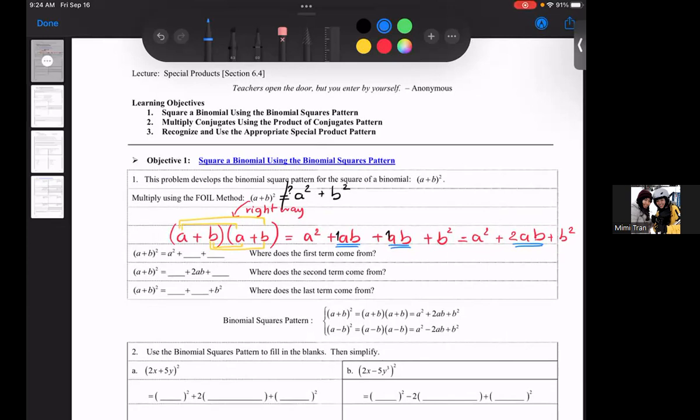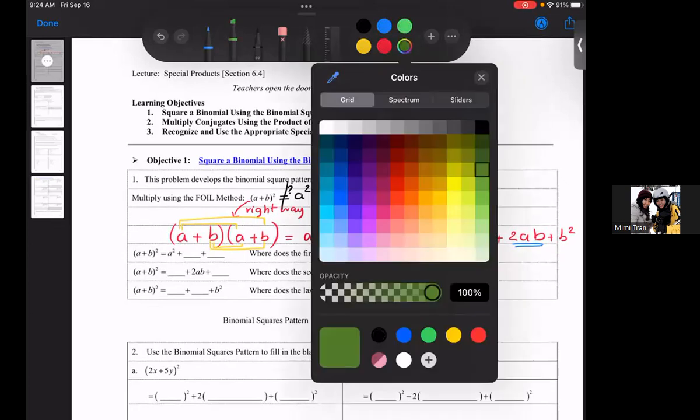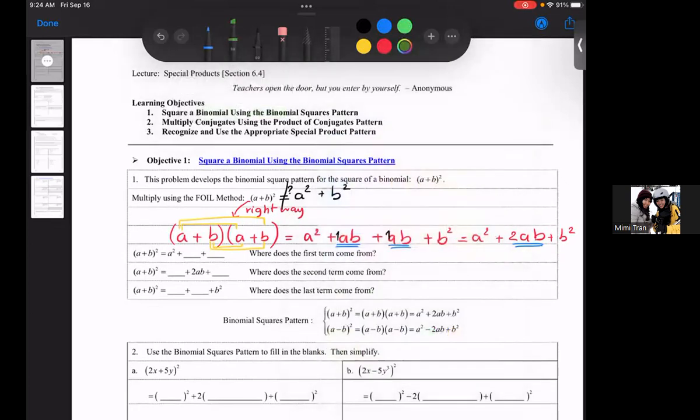So let's ask one question at a time. Let's start with this one. Where does the first term come from? When I talk about the first term, I meant this one, that one. So where did the first term come from?